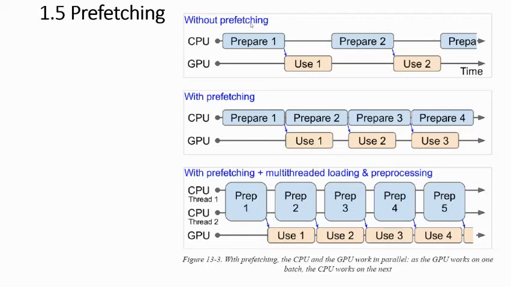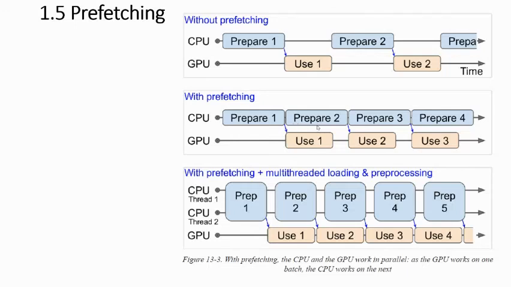Now, if we apply prefetching to the data set, what happens? For every batch, the data is prepared. For the first one, we first prepare the batch and then we train the model for that particular batch. In parallel, the CPU is preparing the data for the second batch.